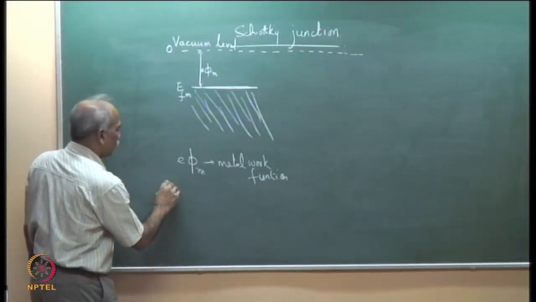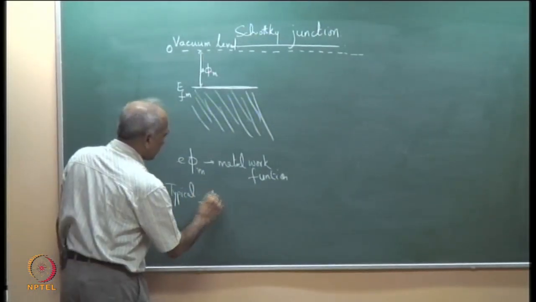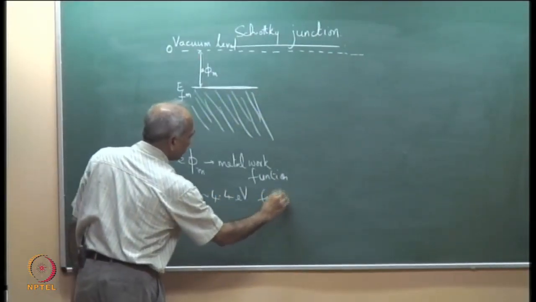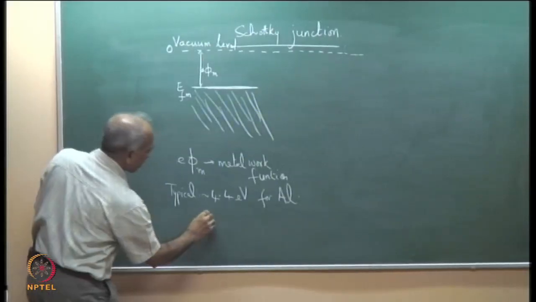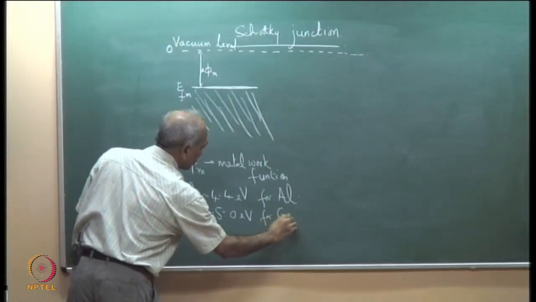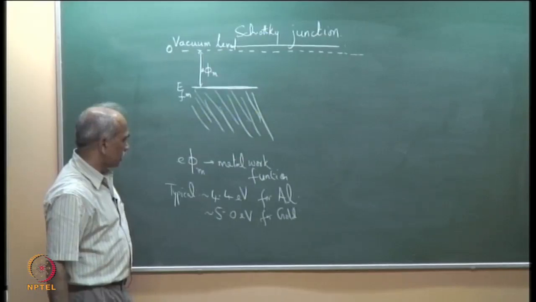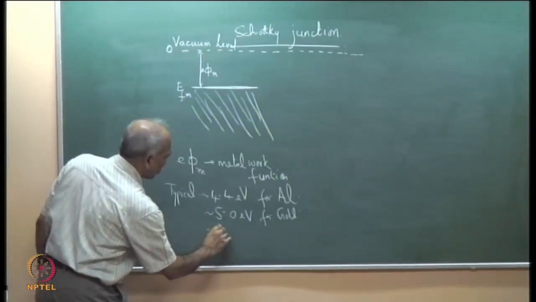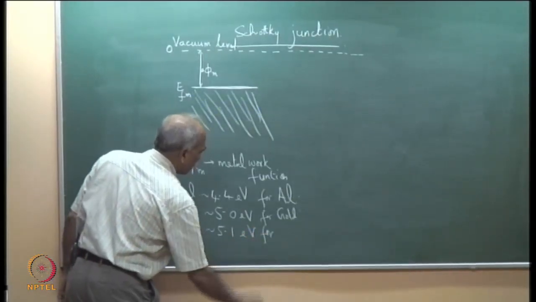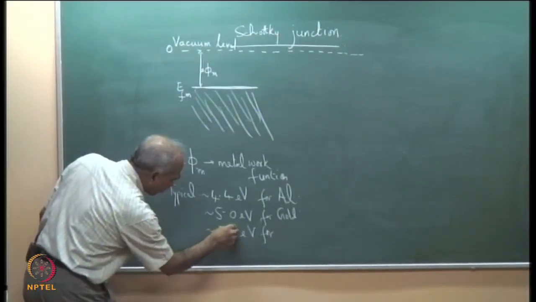Let us have some idea about typical numbers. Typical values of the metal work function E phi m are approximately 4.4 eV for aluminum, approximately 5 eV for gold. Silver is also approximately 4.4 eV, and about 5.1 eV or 5.7 eV for platinum.